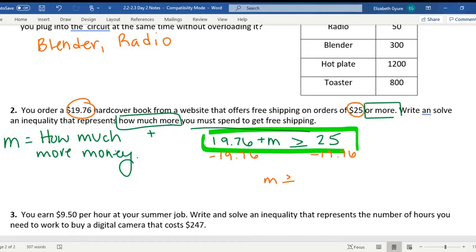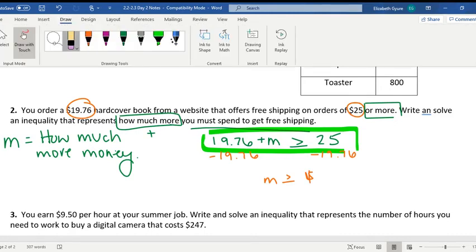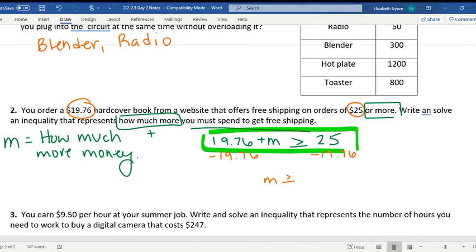I would probably put a dollar sign, right? That's always nice. Whoa, except that's not really a dollar sign. Don't know quite what that was. Okay. Lynn, you got this one down? Okay. So M, the amount of money you spend, has to be greater than or equal to $5.24. Good.